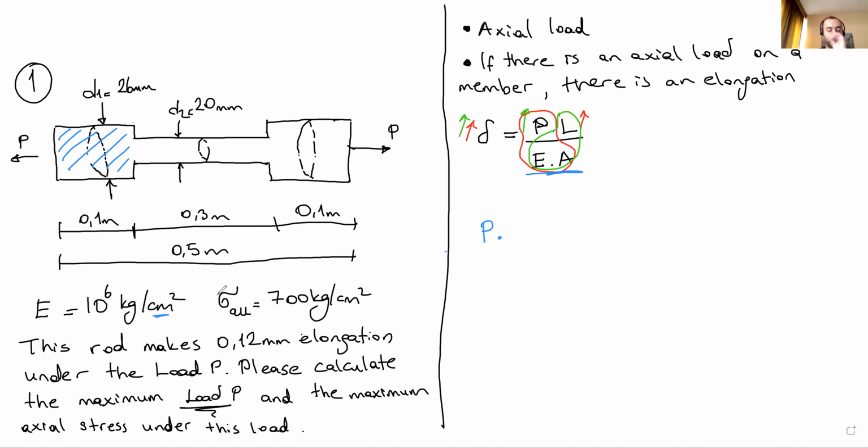Let's convert this meter to centimeter. 0.1 meter is 10 centimeter. Let's write it here: 10 over E. E was given in the question, 10 power 6, times what? Area. Area is easy.